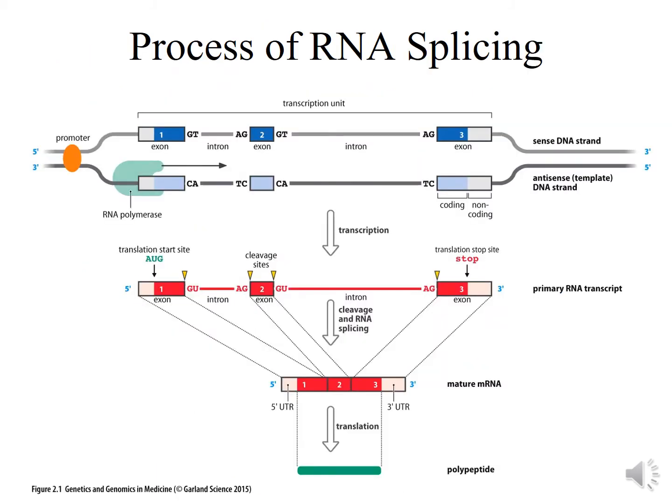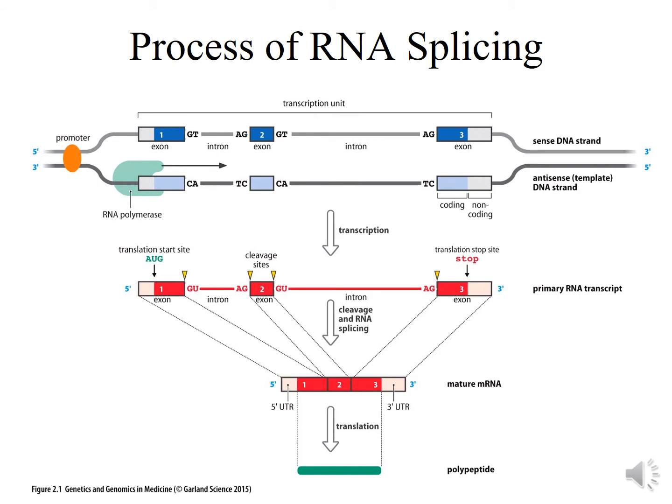It depicts the process of RNA splicing. Most of our protein coding genes and many RNA genes undergo RNA splicing, as we have described earlier. In this generalized example, a protein coding gene is illustrated with an upstream promoter and 3 exons, and those are shown in blue, that are separated by 2 introns that each begin with the dinucleotide GT and end in the dinucleotide AG.